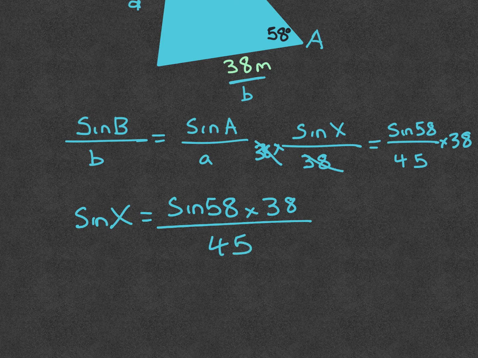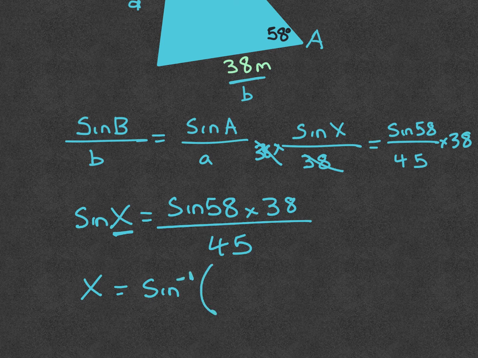Now, remembering that we want to actually find this angle X here, we need to also do the opposite to sine on both sides, which is what we call the inverse sine. What this looks like on our calculator is the sine with the little -1 button.